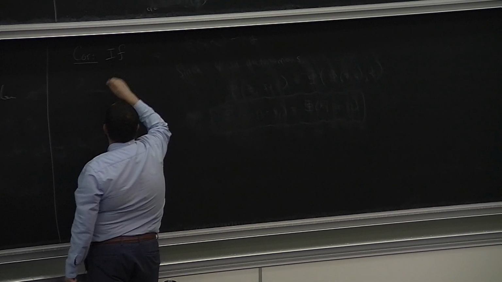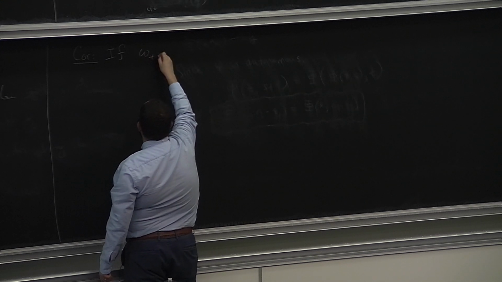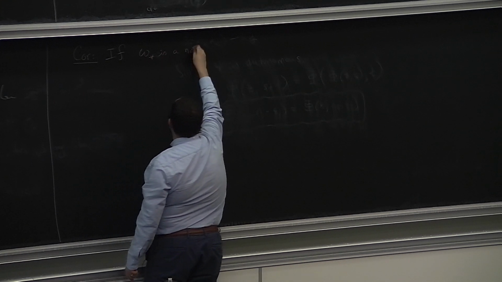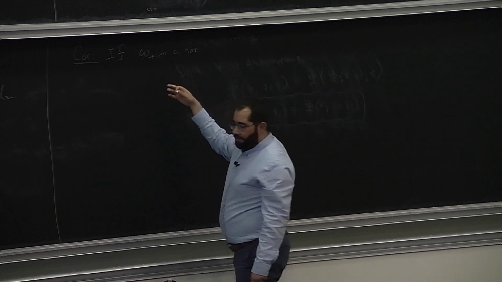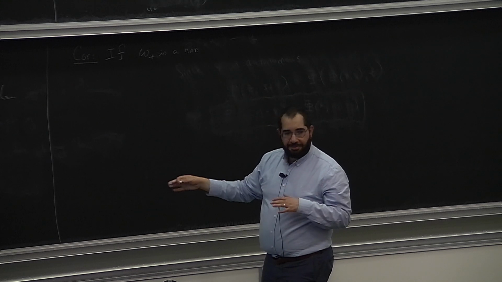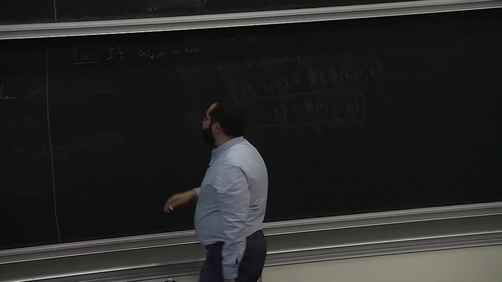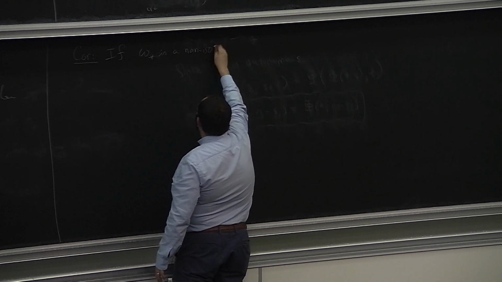So if omega star is non-isochronal. It's like bad words now. So isochronal refers to psi. I'm going to make it refer to omega now, but it means psi. Okay. It's non-isochronal.